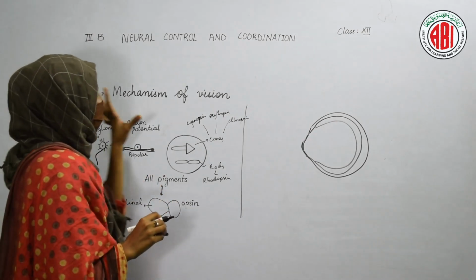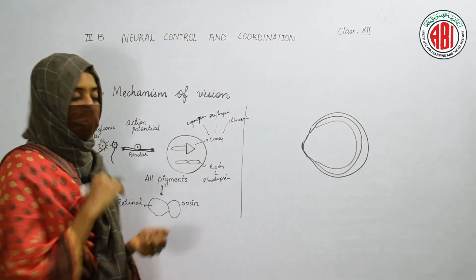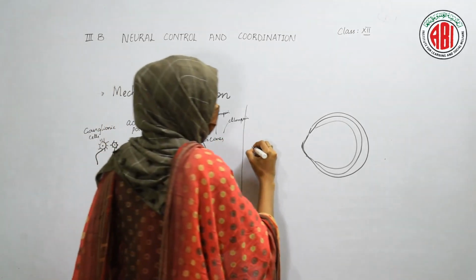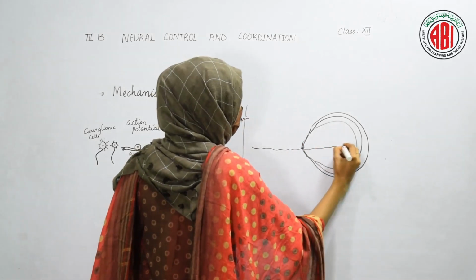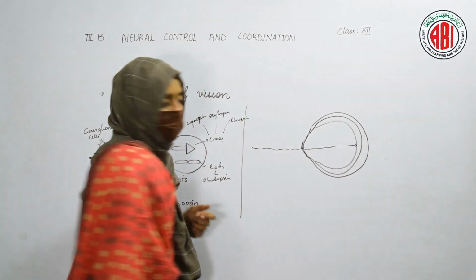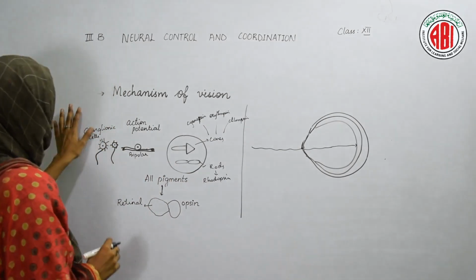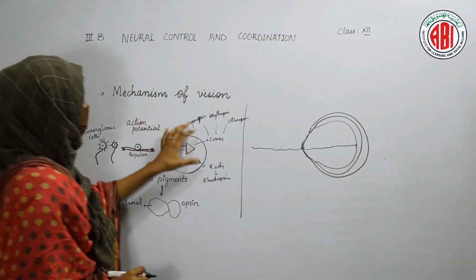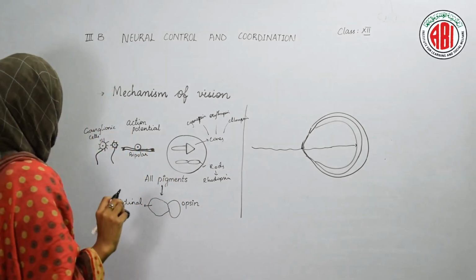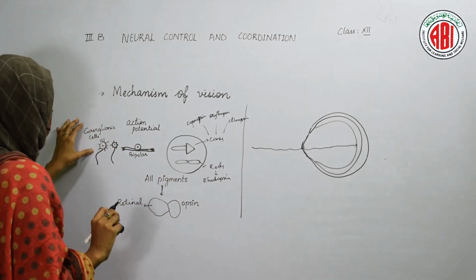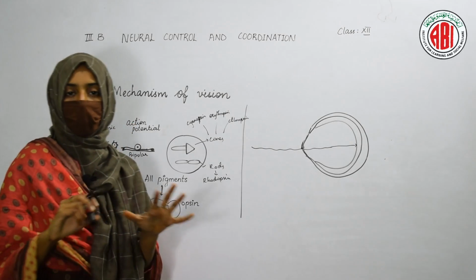Now, we know that light always falls on the retina layer. So this is the light. It enters through the pupil and it directly falls on the retina. In the retina, ganglionic cells, bipolar neurons and photoreceptors are present. But when the light falls, ganglionic cells and bipolar neurons do not do anything.